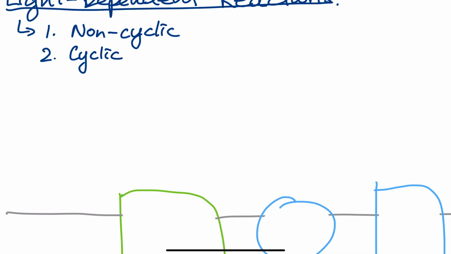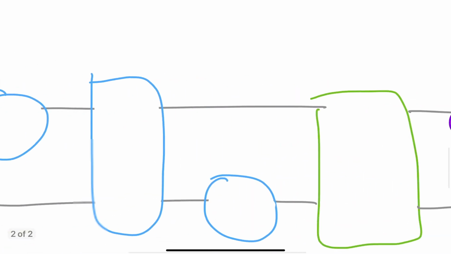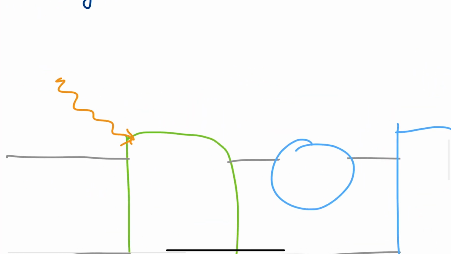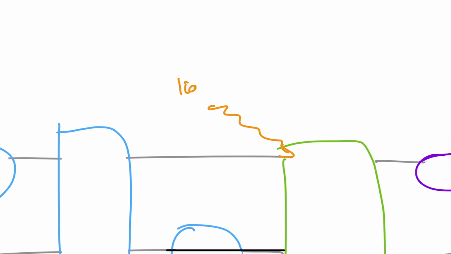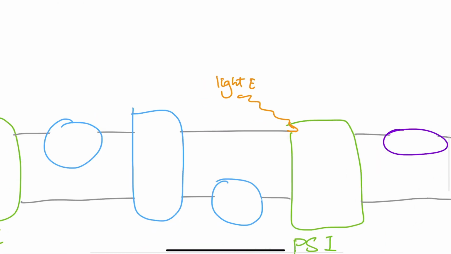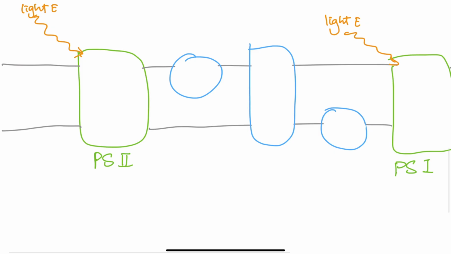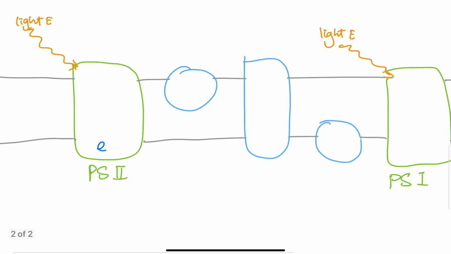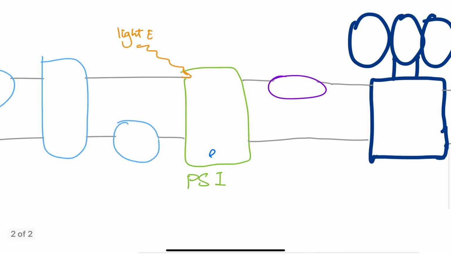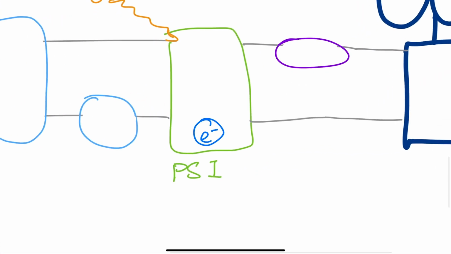So now we have light energy arriving at both photosystems, 2 and 1. This is light energy. And this light energy is going to bring up an electron from the reaction center here and one from here.